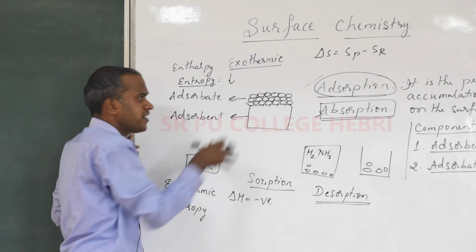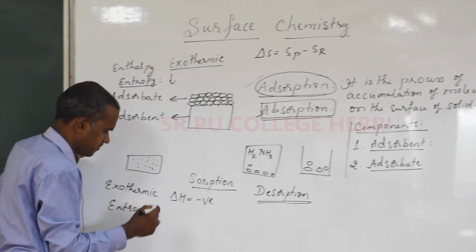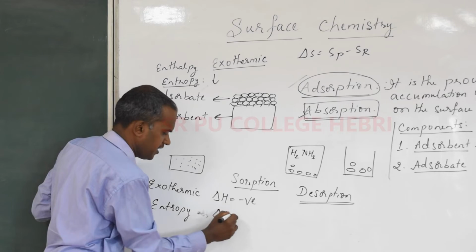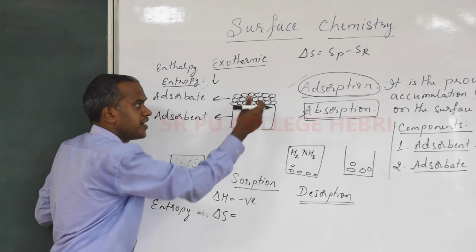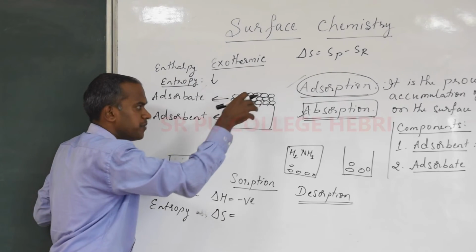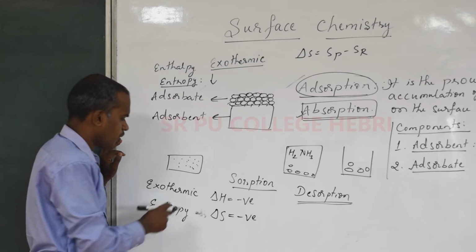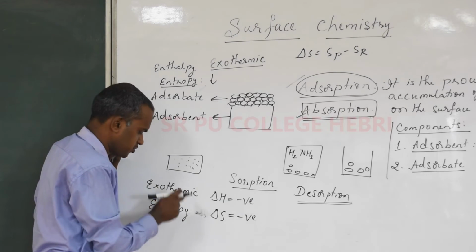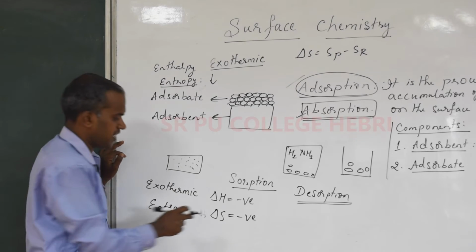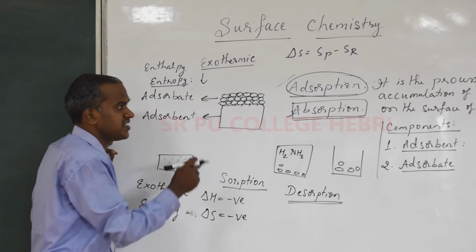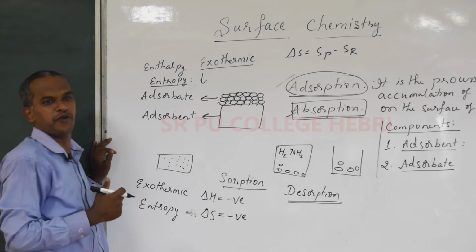After accumulation the randomness decreased, so the entropy of the products is less, and delta S is also negative. So when the process is exothermic and delta S is negative, we are curious to know whether the process is spontaneous or non-spontaneous.